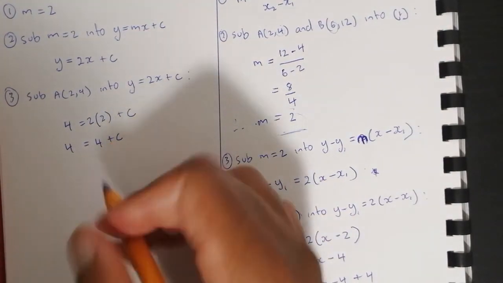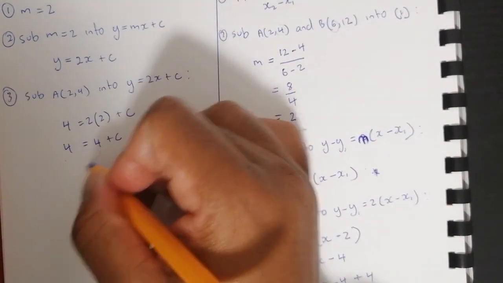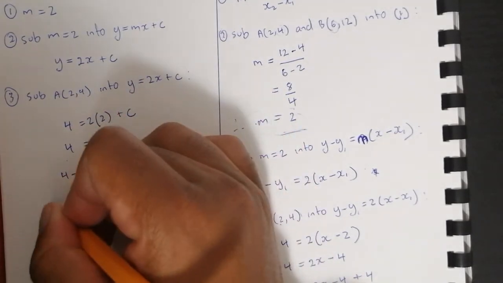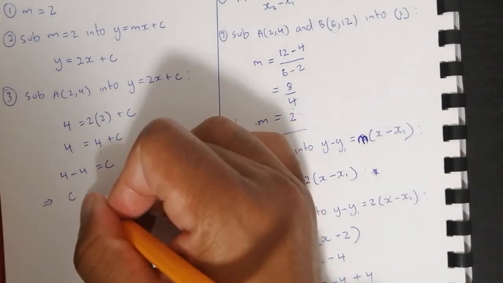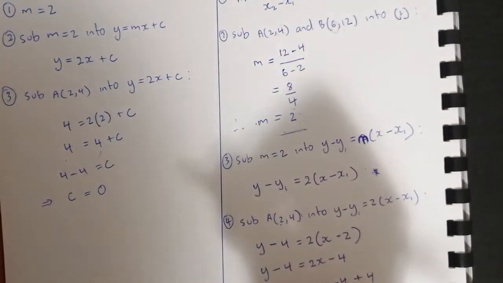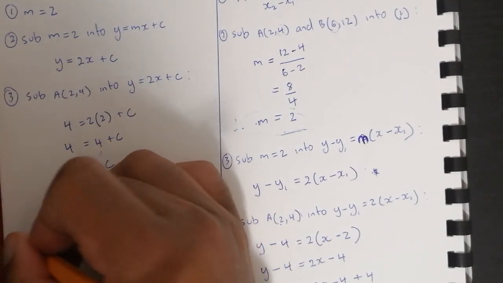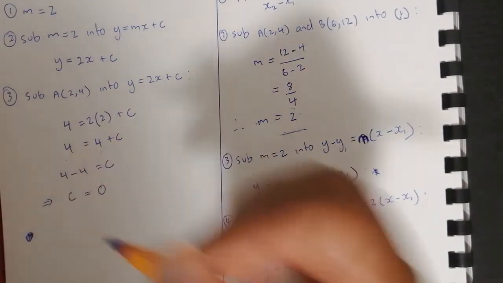And then you can take this 4 to the other side, and then we have 4 minus 4 equals c. That just gives us c equals 0.